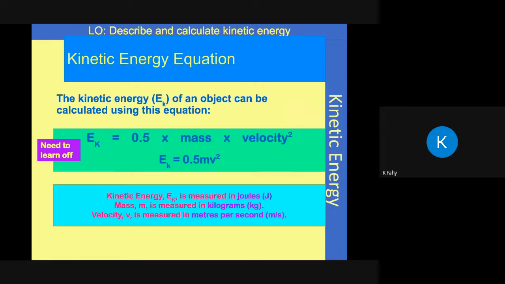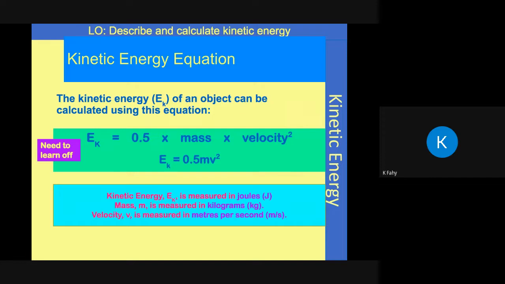So capital E, small k is equal to half multiplied by mass multiplied by velocity squared. So E_k is equal to half times mass times velocity squared. Kinetic energy is measured in joules, mass is measured in kilograms, and velocity is measured in meters per second.